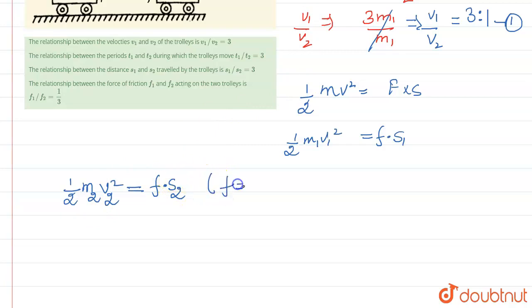We know that f is equal to mu mg if there is friction acting.